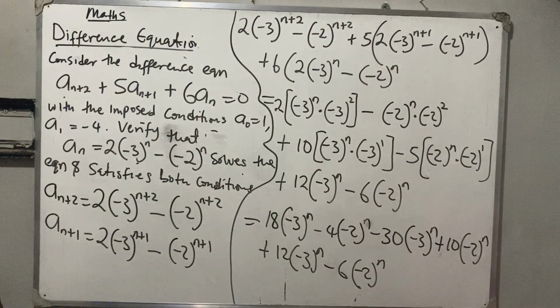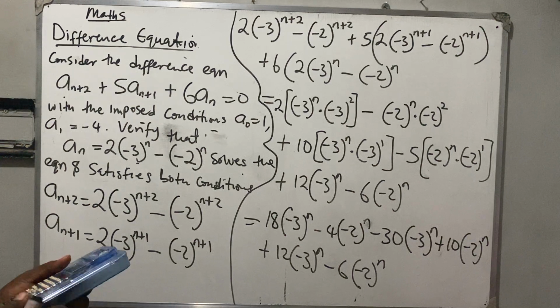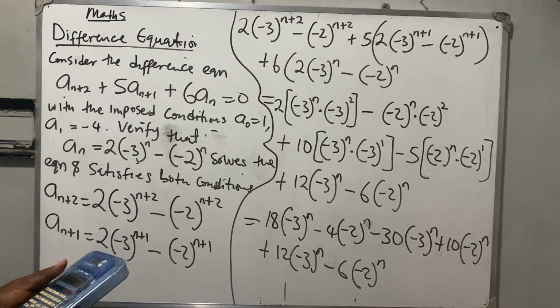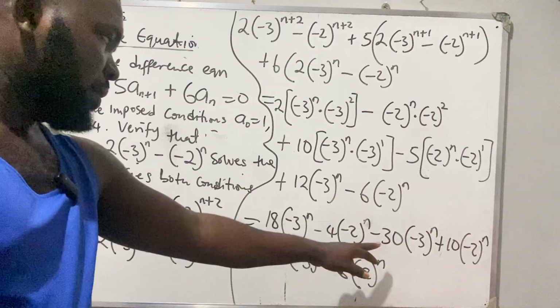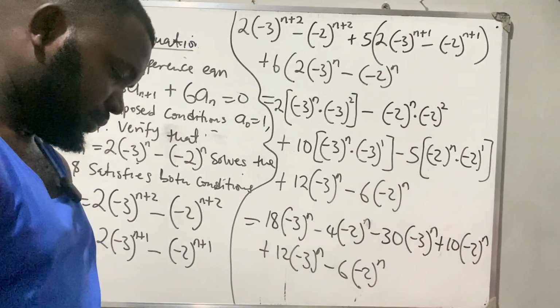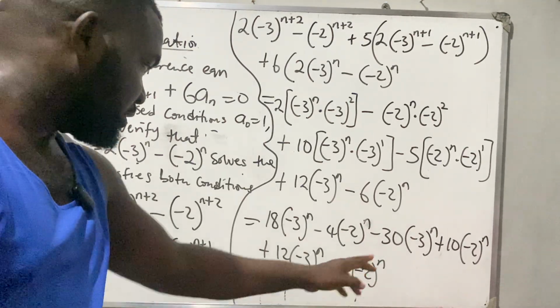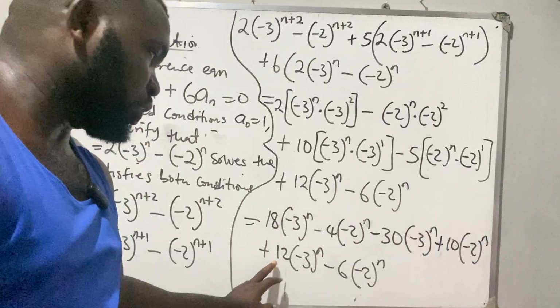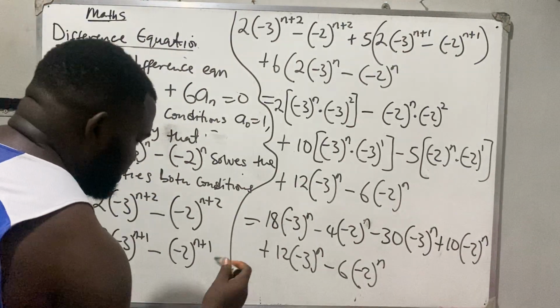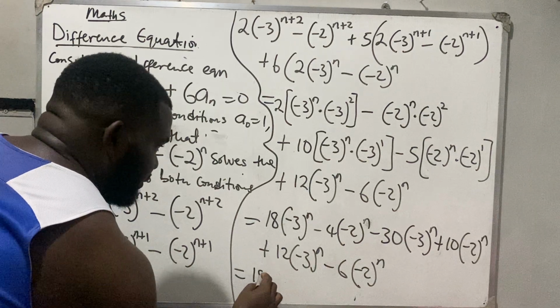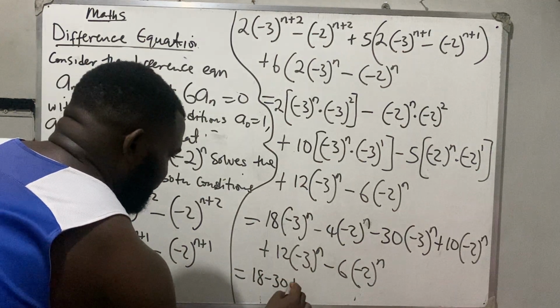So now, let us do the addition and subtraction. For all the terms that have minus 3 raised to power n, let us add everything. I have 18 as the coefficient, minus 30, then plus 12. Let me write it this way: 18 minus 30 plus 12.